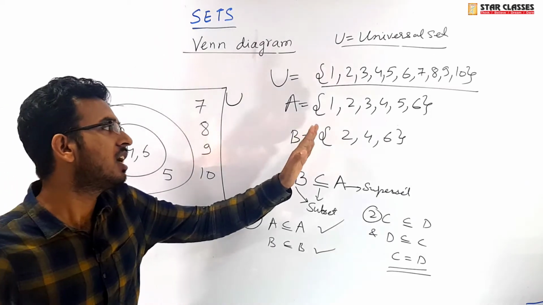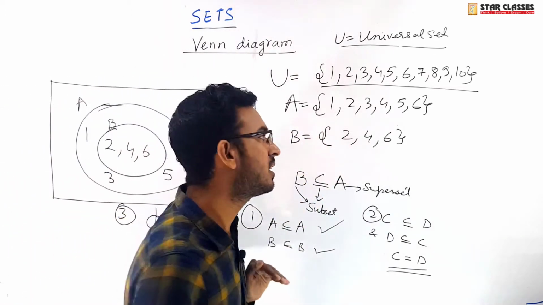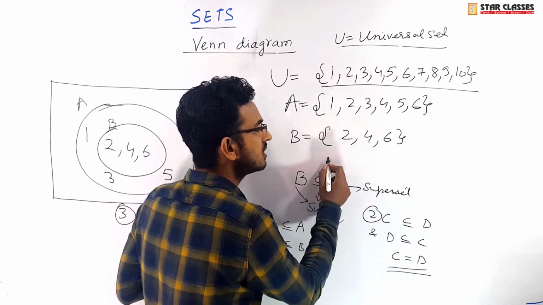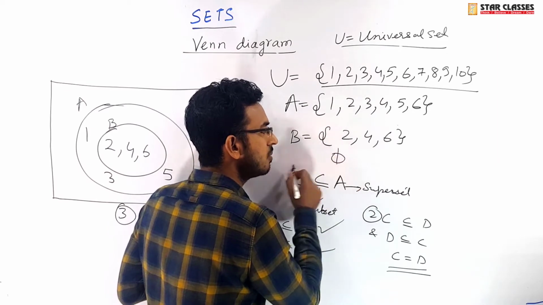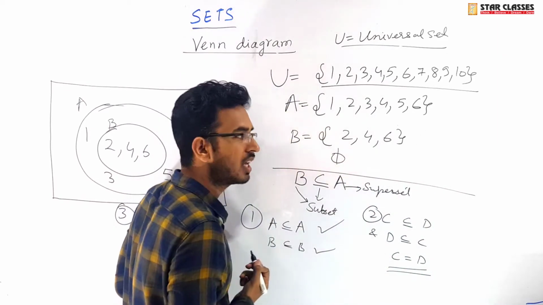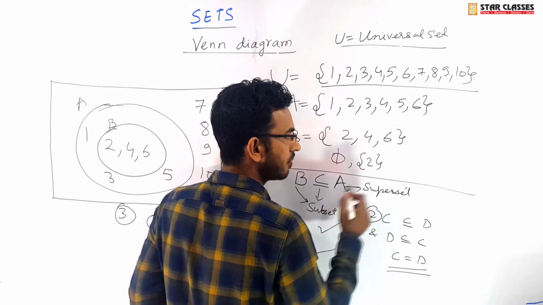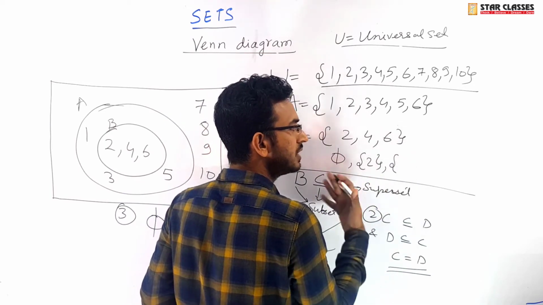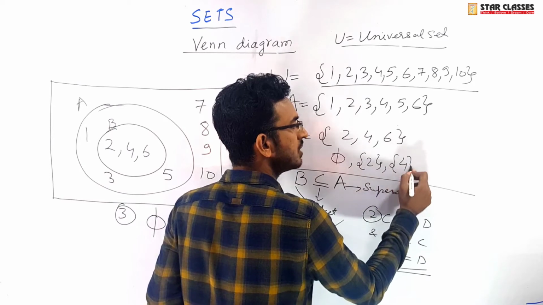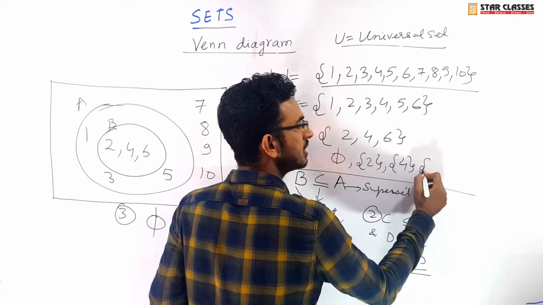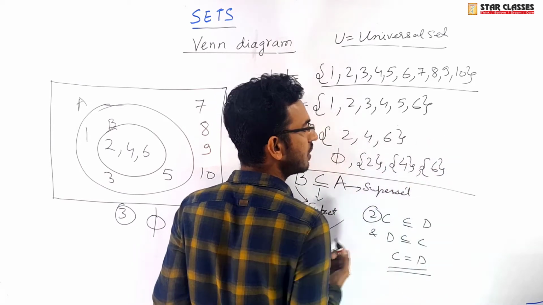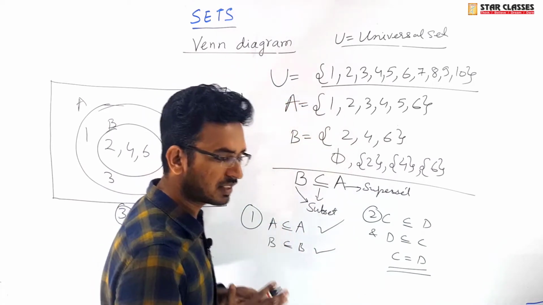So if I say what are the subsets of set B, you can say subsets of set B will be, one of these will be null set. Okay, even set 2 is a subset of set B. I am trying to make subsets of set B. 4 is a subset of set B. 6 is a subset of set B. Okay, what are more subsets of set B?